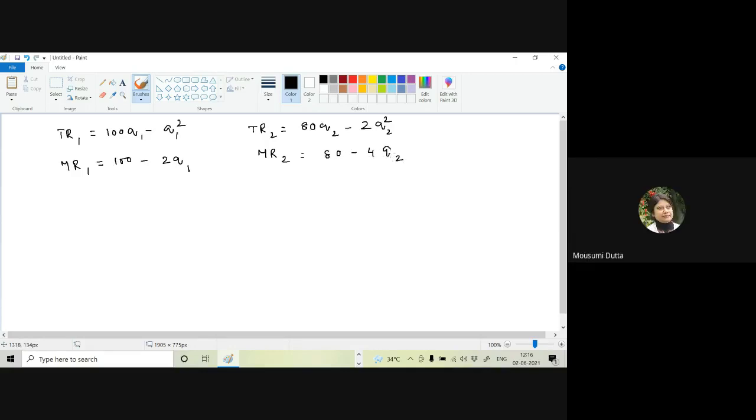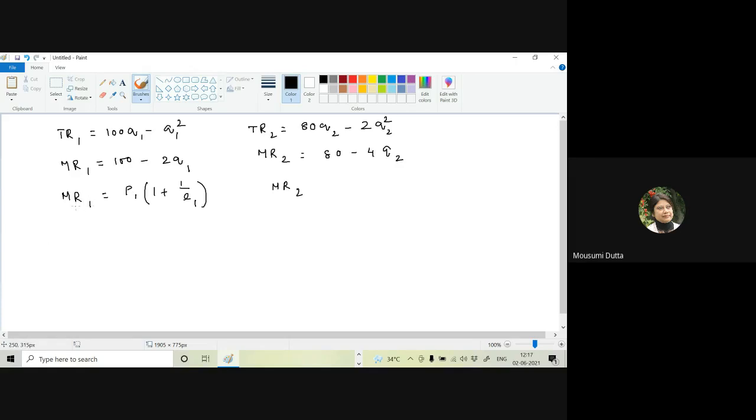So MR1 is equal to P1 into (1 plus 1 by E1). Put your P1 value there, and you have Q1 with you, so you also need to know MR1 star.